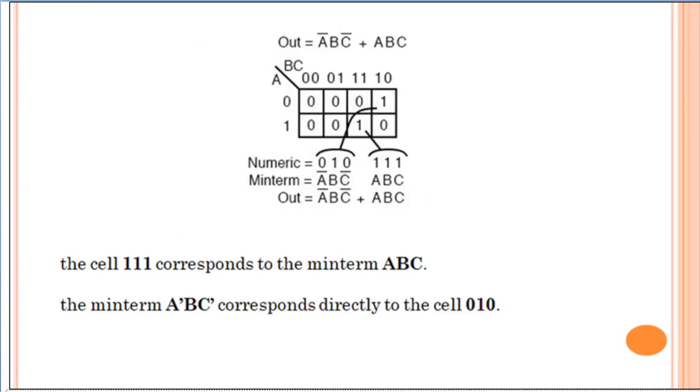Now we take another example for the three variable K-map. As we see here, there are two terms, a bar b c bar, and a b c.